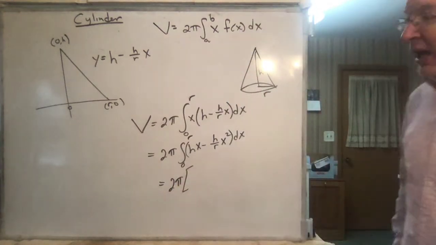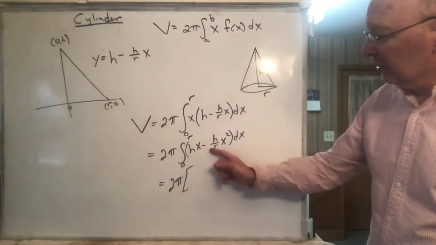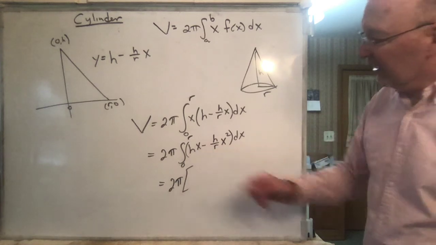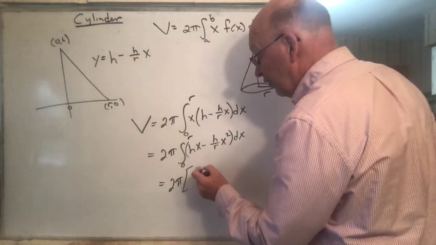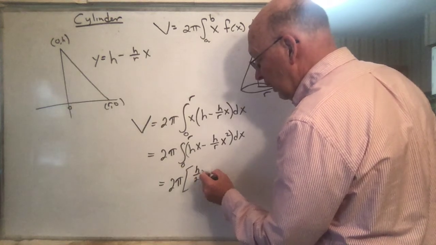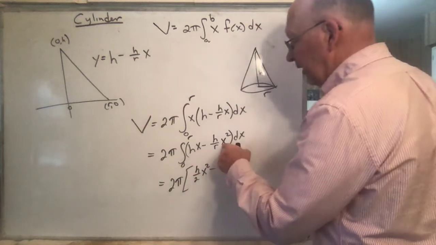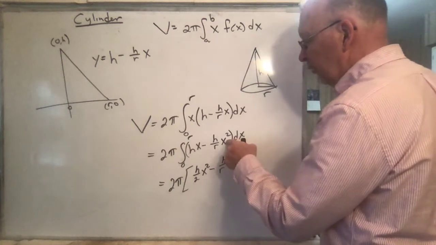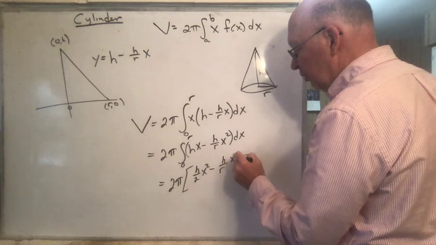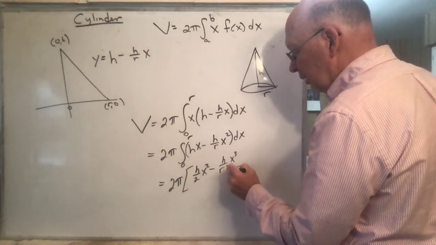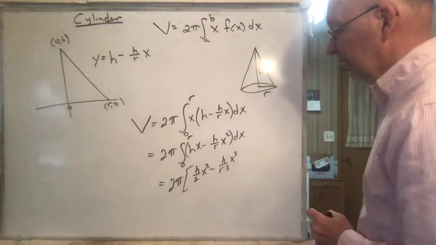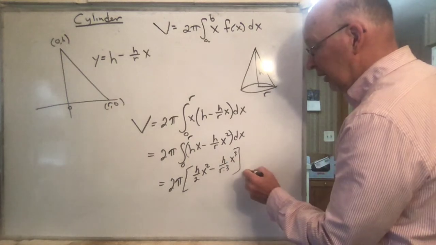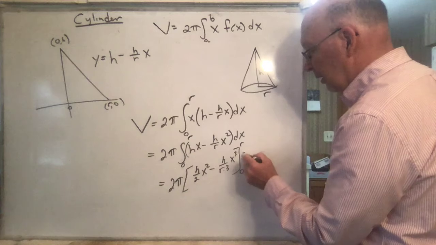Now we're going to get 2 pi. But I'm going to do a couple steps in one. I'm going to go ahead and take the antiderivative. The antiderivative is x squared over 2. So it's going to be h over 2 x squared. Antiderivative of this is going to be what? h over r. Antiderivative of x squared is x cubed over 3. So you have that right there. Evaluate that from 0 to r. What do we get?